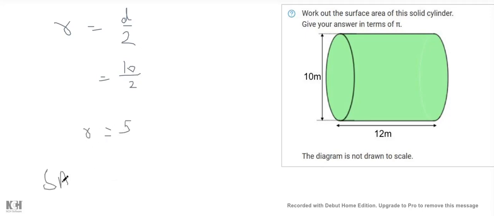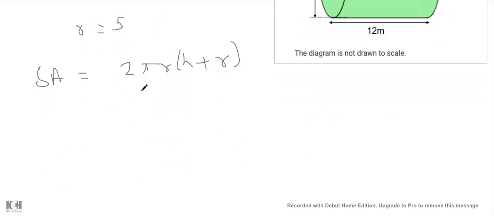Surface area formula remains the same, which is 2 pi r (h plus r). Since we have to include the top and bottom areas as well, since it is a solid cylinder, putting the values, we will get 2 pi, r is 5, h is 12, r is again 5.